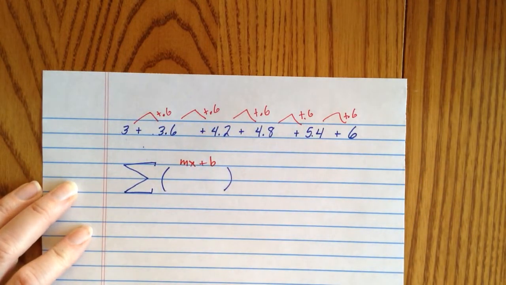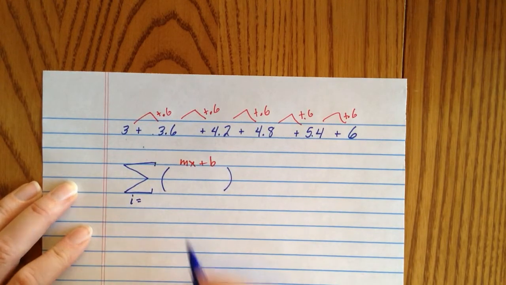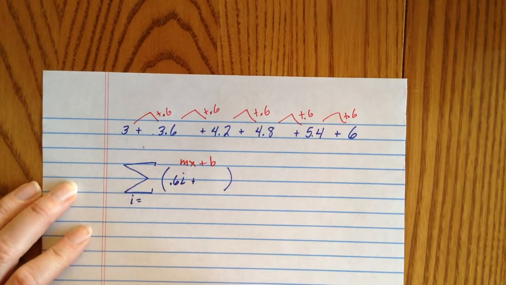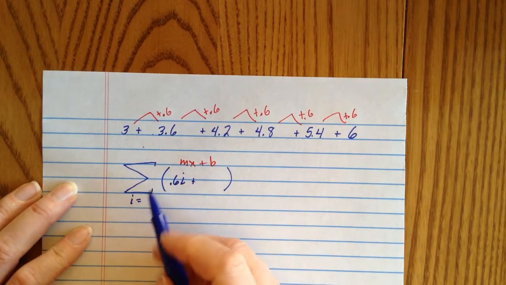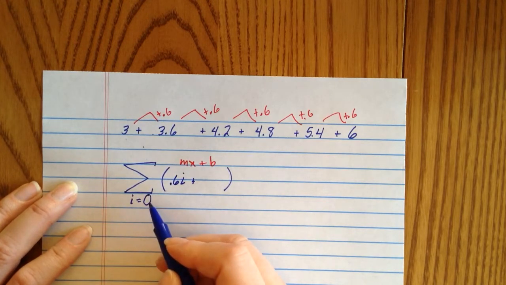Now, you can use any counter letter you want. Tradition says I for an index number, so I'm going to use 0.6 times I. Simple enough. If you start with 0, can I recommend you start with 0?